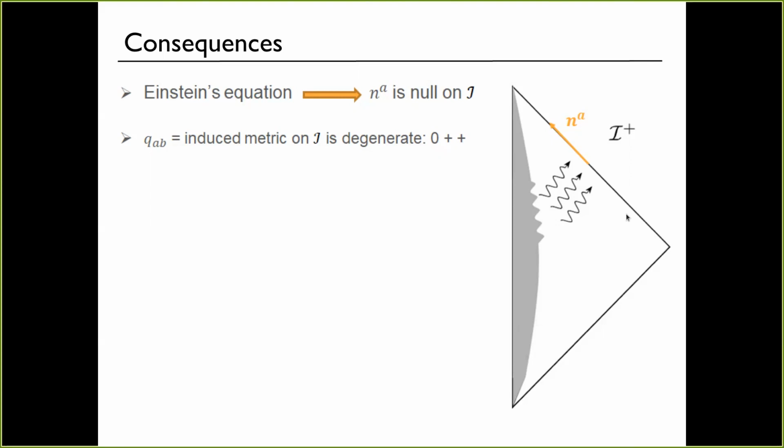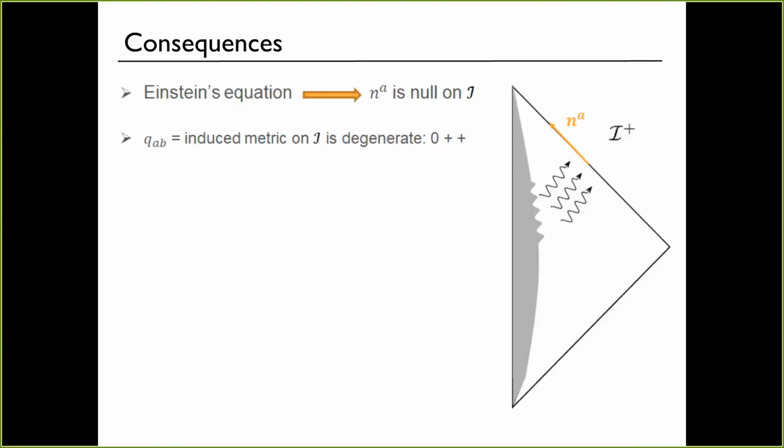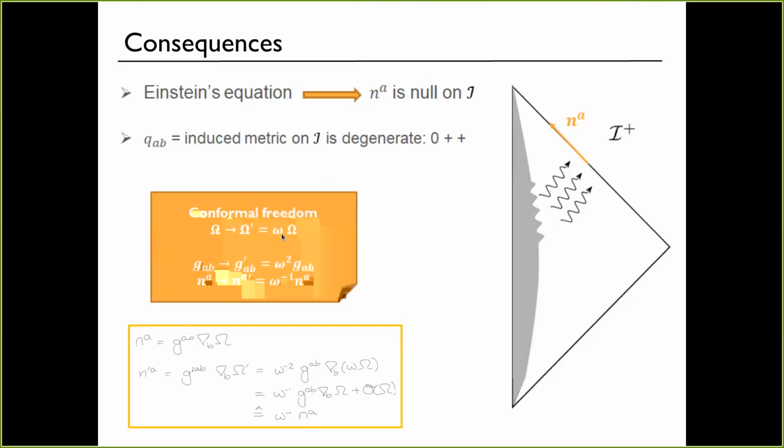Now you may say, okay Beatrice, that's all very nice, but that factor of omega, how do you choose it? I mean, if omega is 0 on scri, then 3 times omega is also 0, right? So isn't there a lot of freedom? And the answer is yes, there is a lot of freedom. In fact, there's this functional freedom.